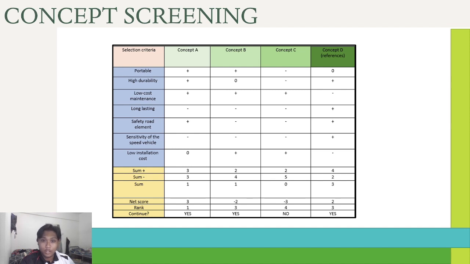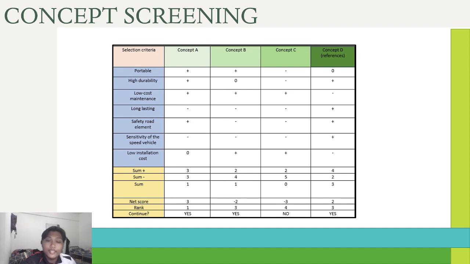In concept A for portable we can see a plus sign, but in concept D it is a zero. That means concept A is better than concept D. But we also have a 0 as same as, and negative as worse than.